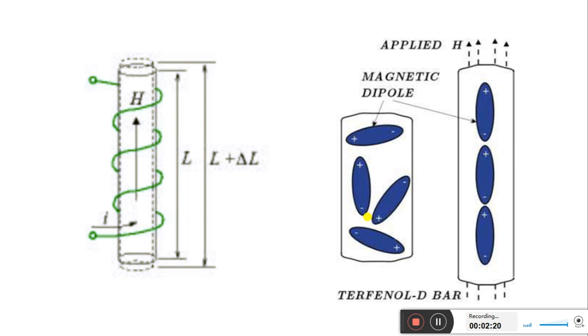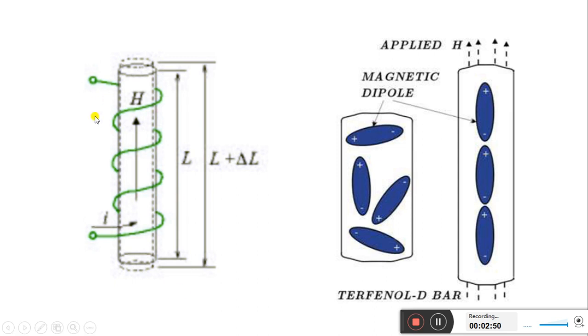Here it has been shown with the help of a diagram that this is a length of bar of magnetic material, and if H is applied in this direction, then initially the original length was this one. Now the magnetostriction property says that there may be alteration in the shape, length, volume or any other dimension.